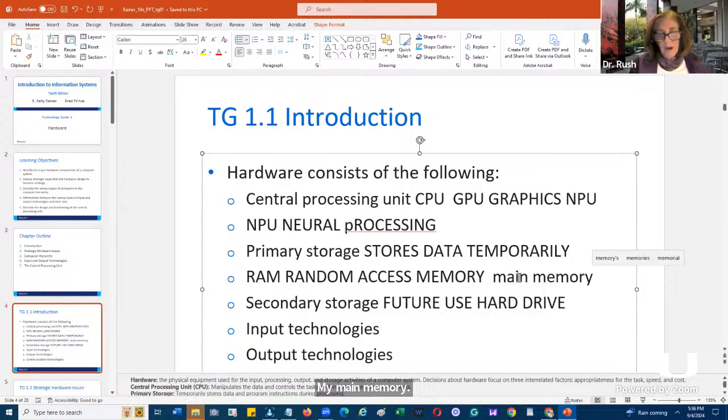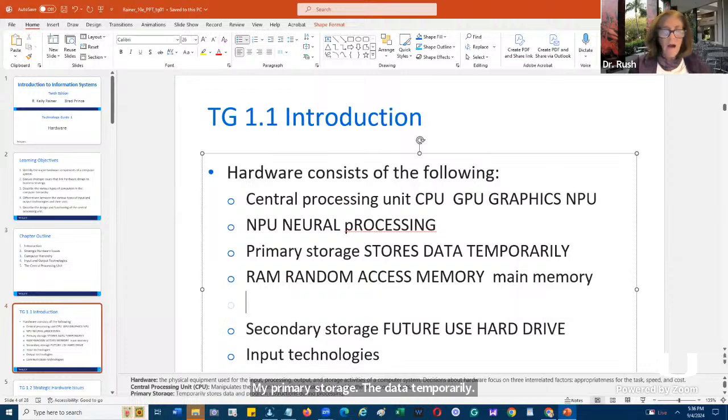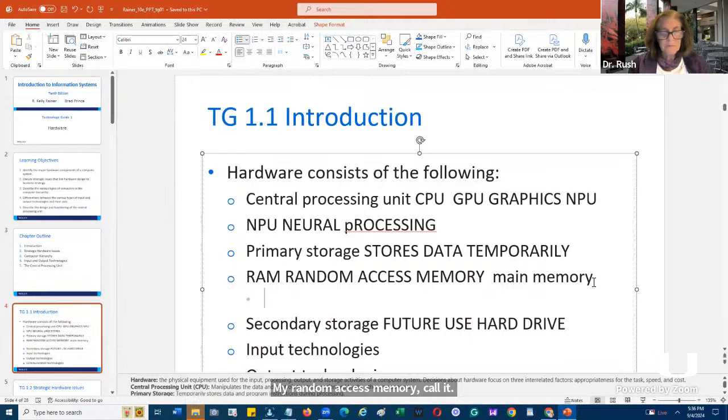You can take it from the PowerPoints and just add on to it. My main memory or my access memory, my primary storage stores the data temporarily. My random access memory, many times they call it RAM. I'm going to use the word RAM.